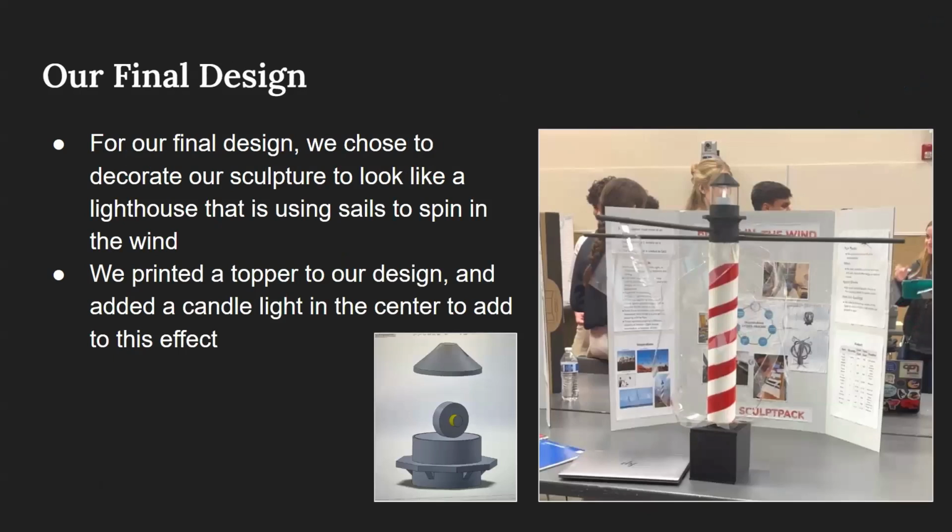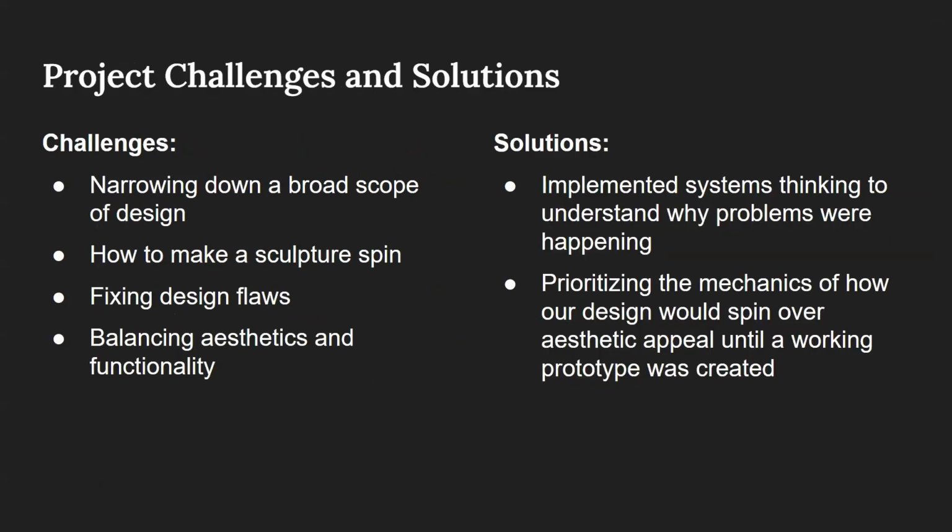And for our final design, we decided to go for a nautical lighthouse theme with sails attached to the rods that would complement the lighthouse theme. We also printed out a topper and added a candlelight in it to make it look like a lighthouse. And on the right is a picture of our final design.